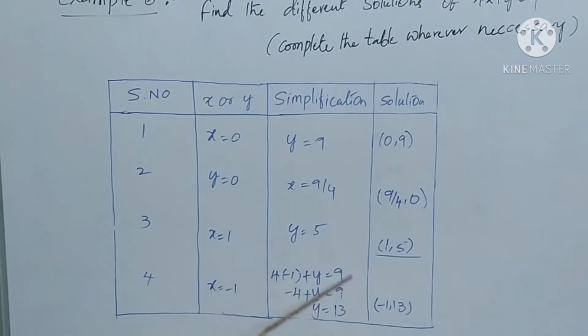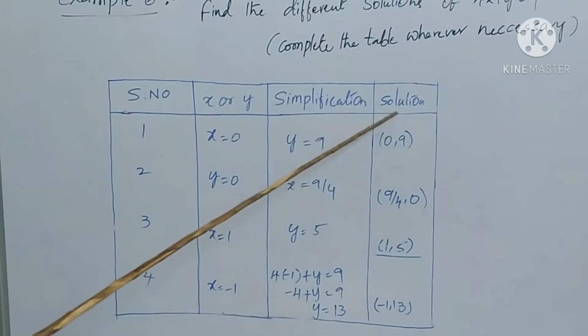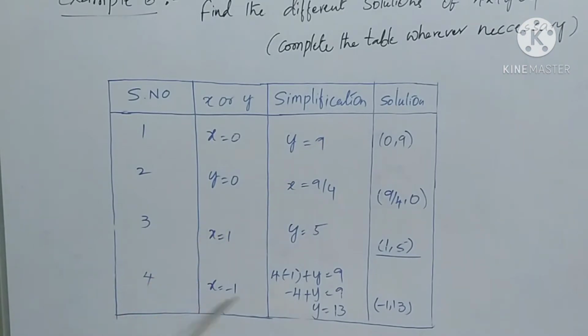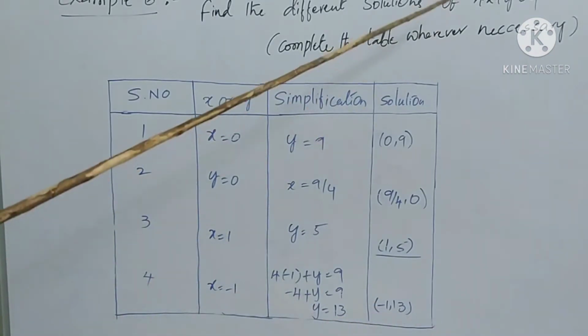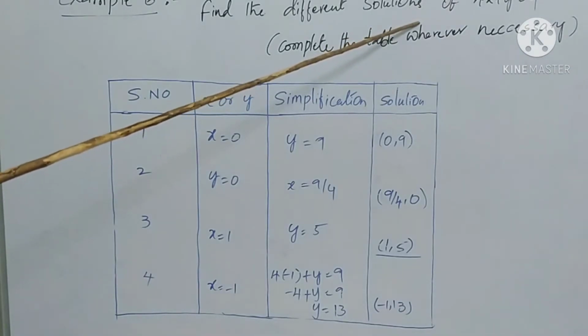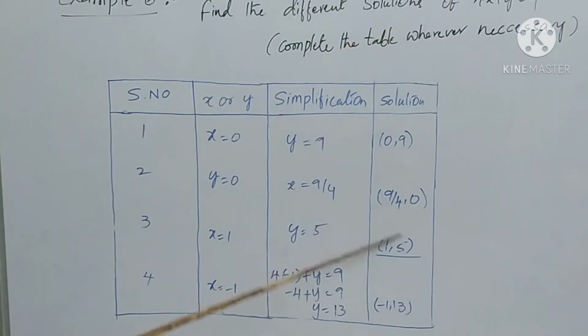After the simplification, what is the solution? Here x is equals to minus 1, y is equals to 13. This is the solution of the given linear equation in two variables. So these are the question marks: the third one solution and the fourth one simplification.